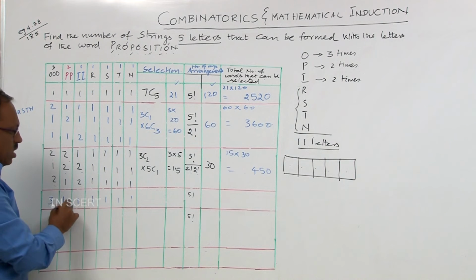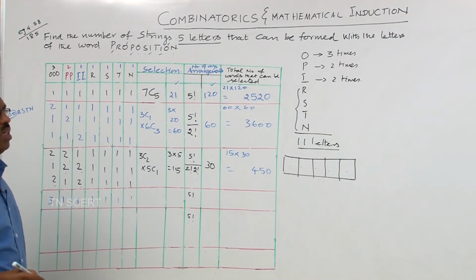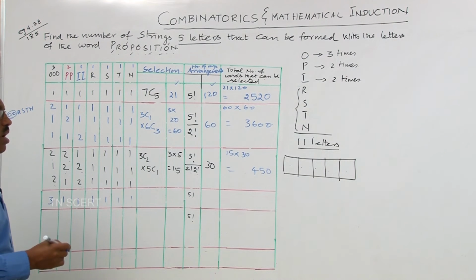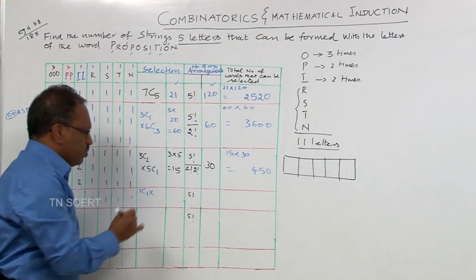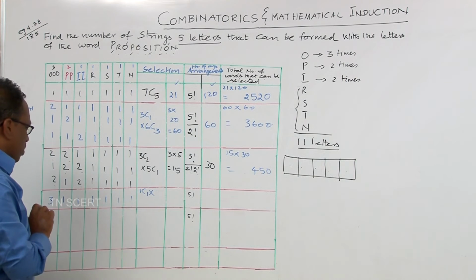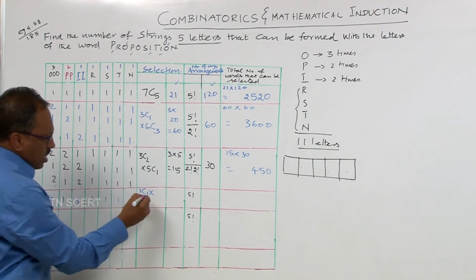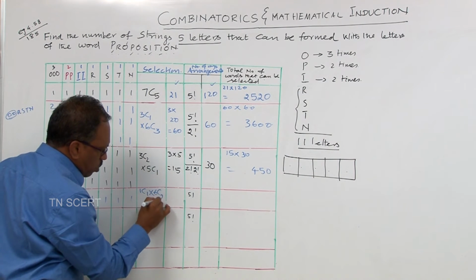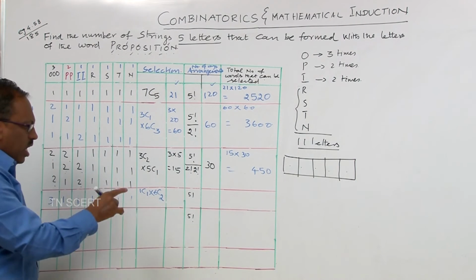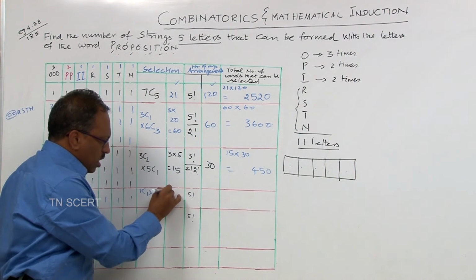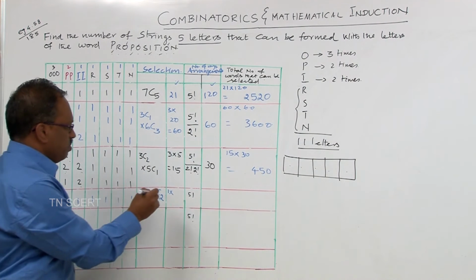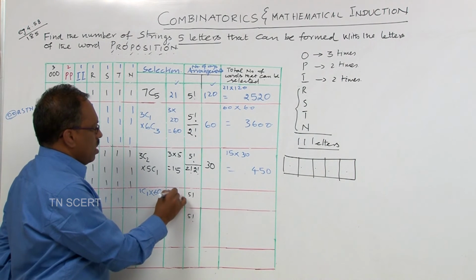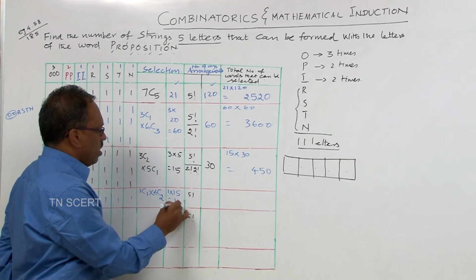So here how many ways can we get this part? It is only 1 into what is the remaining possibilities? Here 5 plus 1, 6. 6C2 ways. So here it is only once into 6C2. The 6C2 is nothing but how much? 15.